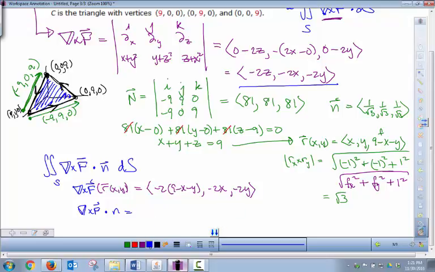So let's see. Minus 81 plus 2x plus 2y, comma minus 2x, comma minus 2y, dotted with the normal vector. I'm going to take out a 1/3 so I don't have to write 1/3 a bunch of times.